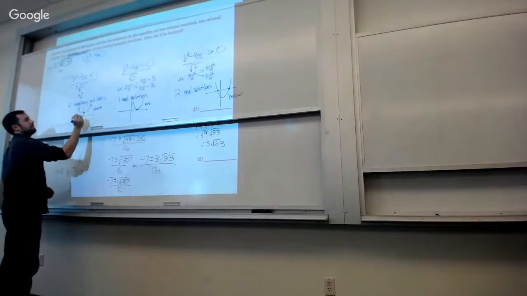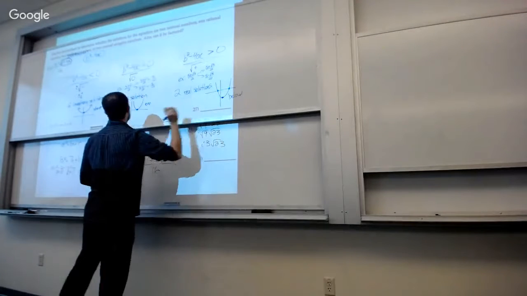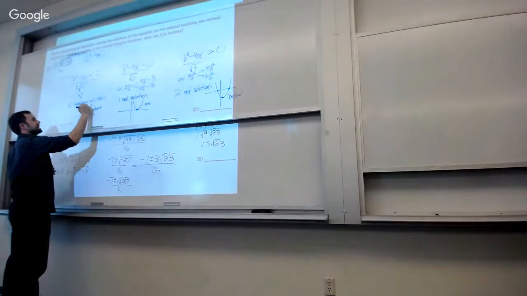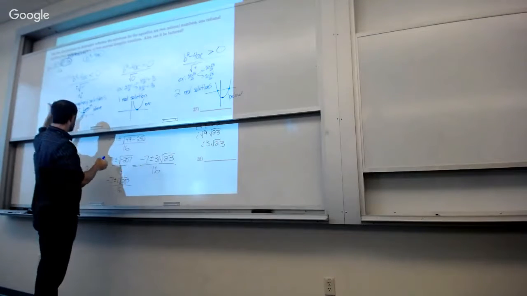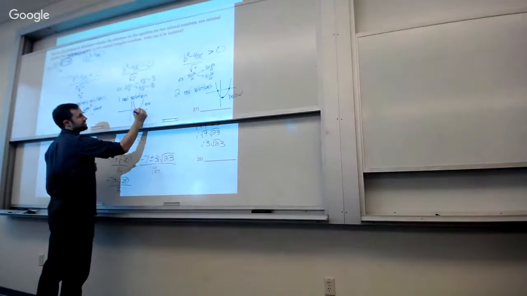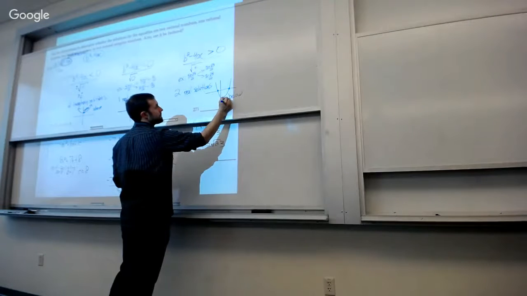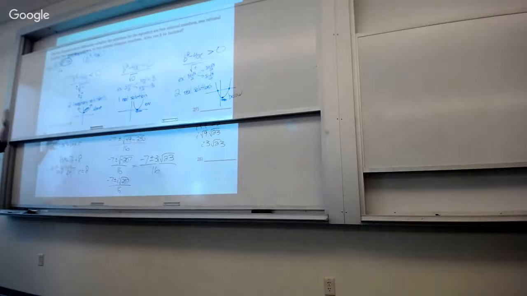What point is above, below, or on? The vertex. What we're really saying here is that the vertex is above the x-axis. So is the whole parabola, but the vertex is. And what's on it? The vertex is on the x-axis. Whereas here, the vertex is below. So we could say the parabola is above, on, or below, but it's even more specific to say the vertex of the parabola is above, on, or below.